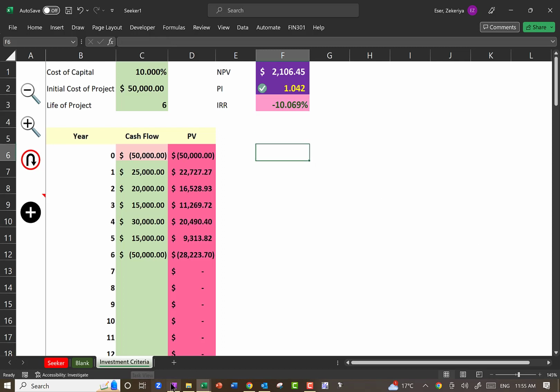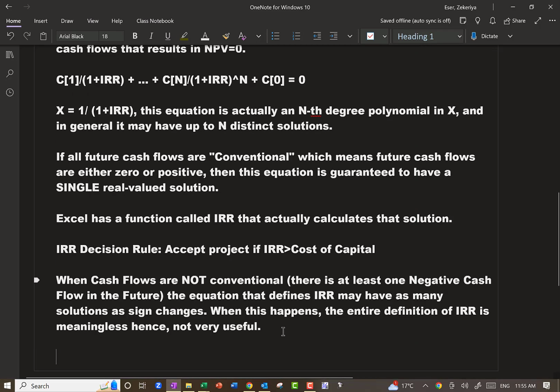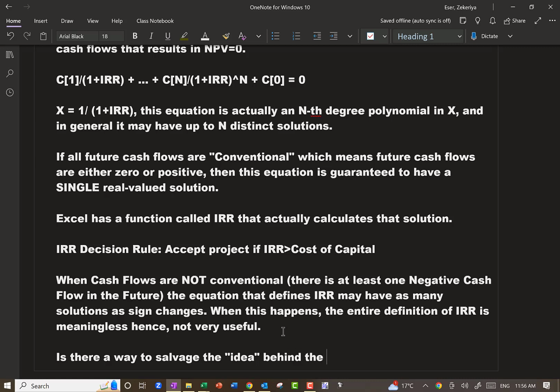Yeah. So is there a way to salvage the idea behind the IRR?